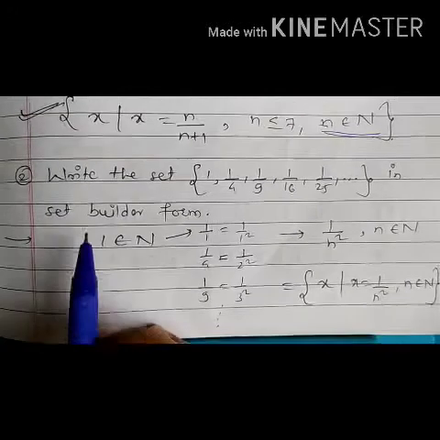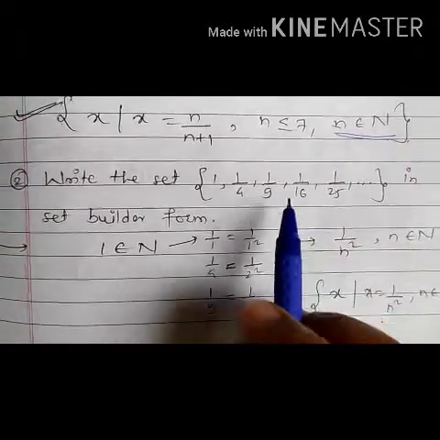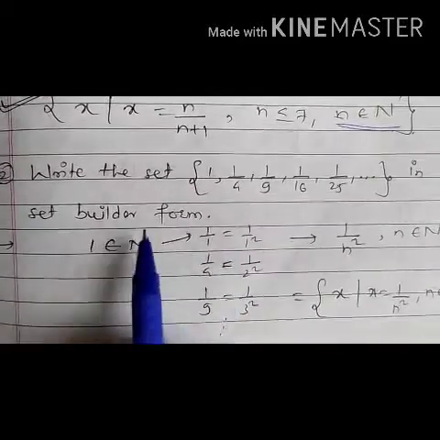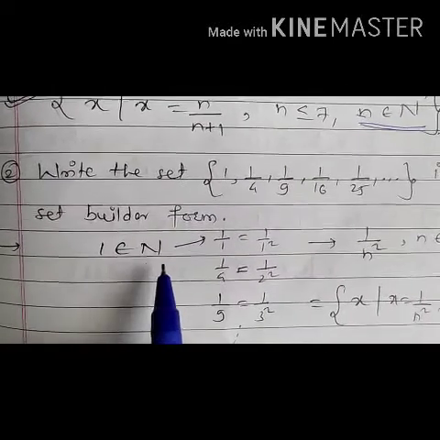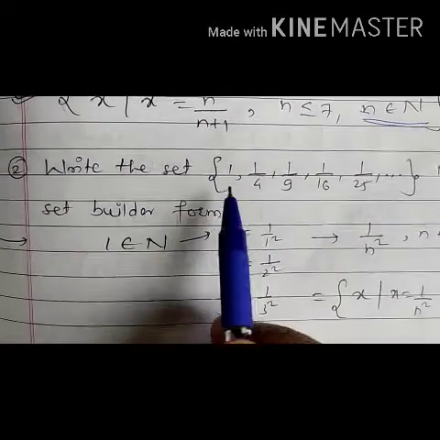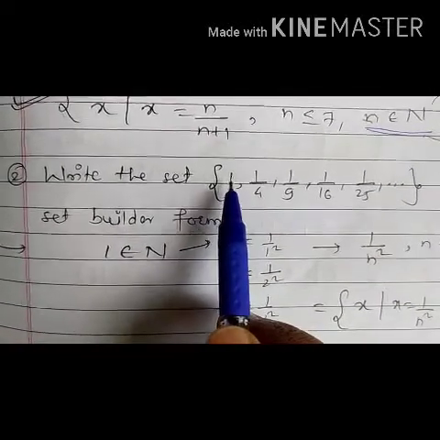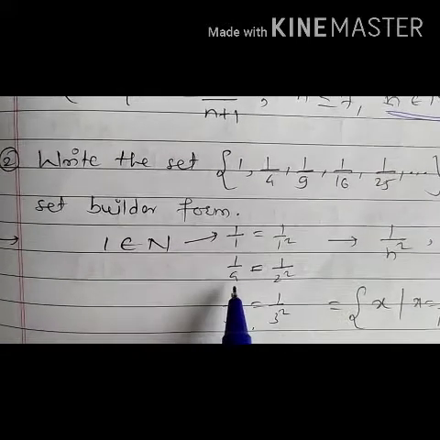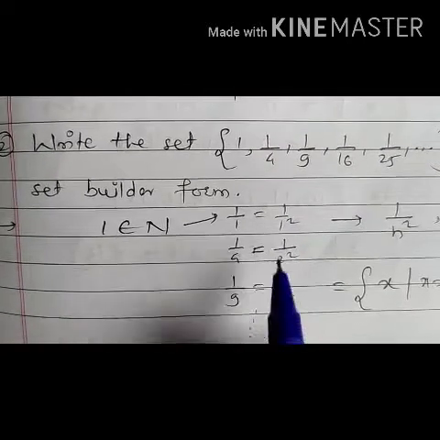Now the next example: write the set 1, 1 by 4, 1 by 9, 1 by 16, 1 by 25 and so on in set builder form. Clearly here also 1 belongs to the set of natural numbers. The first element is 1 upon 1, so we can write 1 upon 1 square. 1 by 4 we can write as 1 by 2 square. 1 by 9 we can write as 1 by 3 square, and so on.